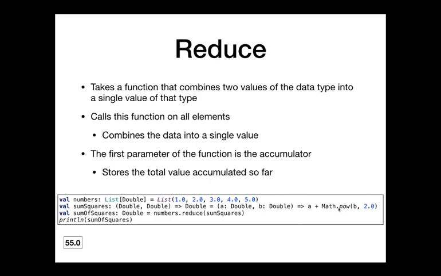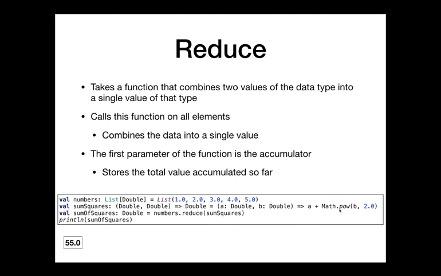The second parameter is going to be the current element that we're looking at. The accumulator variable is going to be initialized to whatever 0 is effectively for the data type that you have. So in this case, doubles, it's going to be 0. Strings, expect empty string.